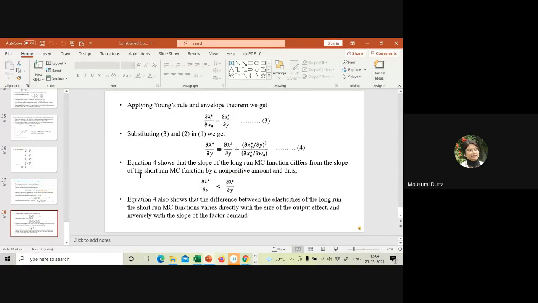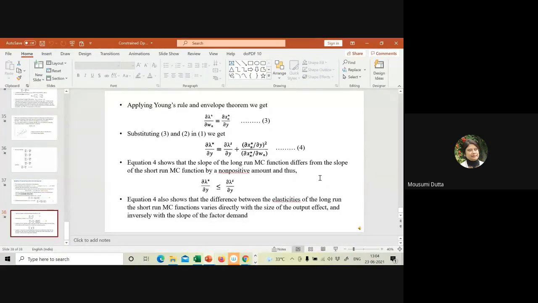So equation 4 shows that the slope of the long run marginal cost function differs from the short run marginal cost function by a non-positive amount, and thus del lambda star by del y minus del lambda s by del y is less than or equal to 0.